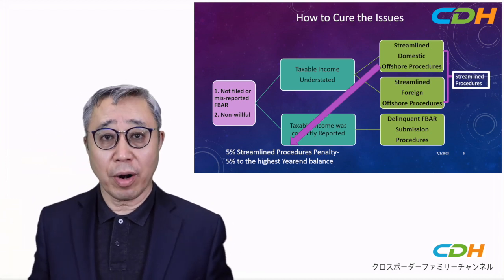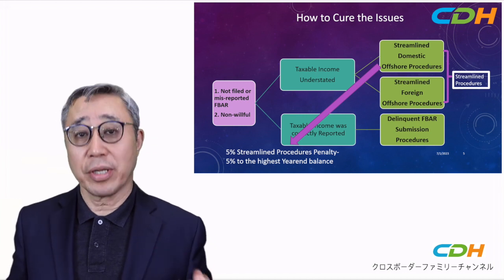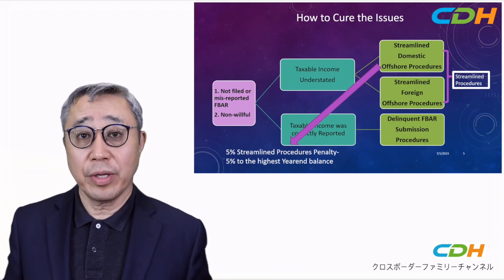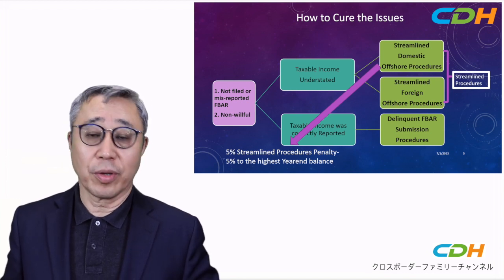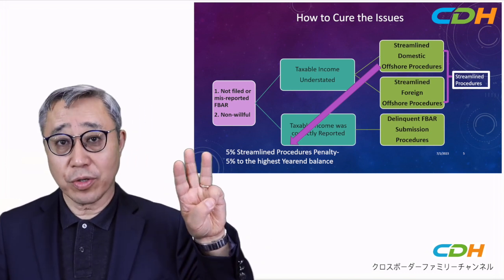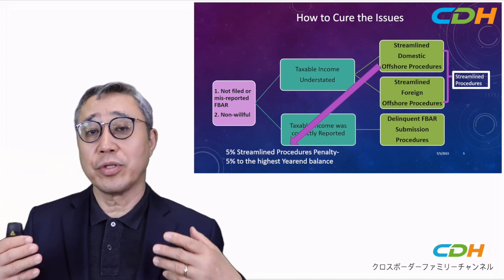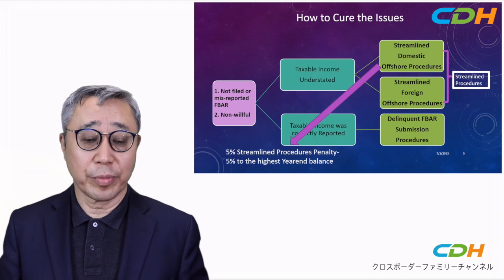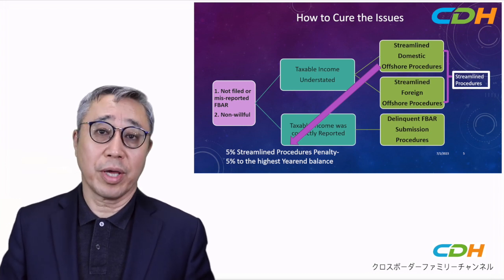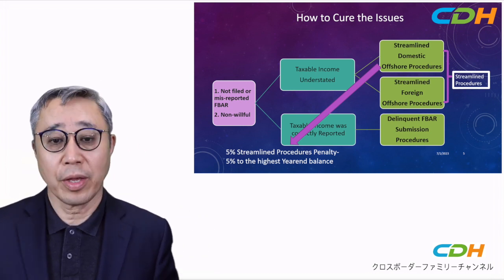That's your FBAR streamlined penalty, and you may need to pay additional taxes because you are amending 3 years of tax returns, and there will probably be underpayment interest.